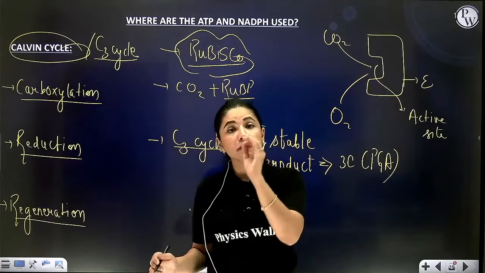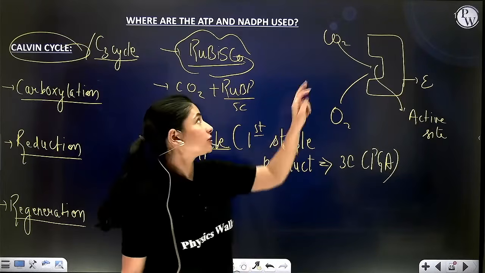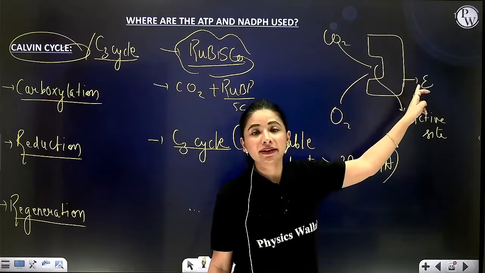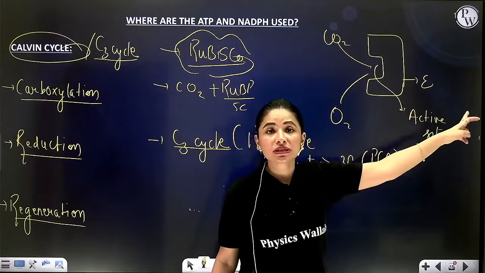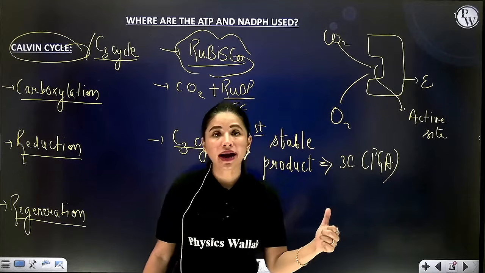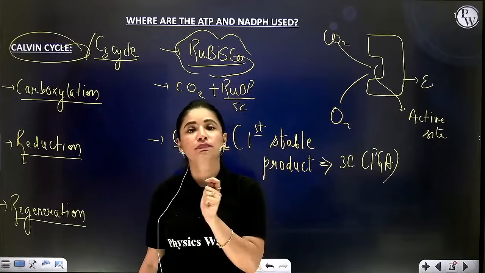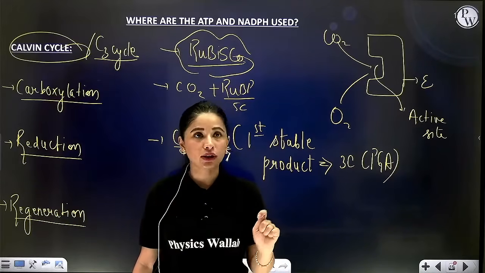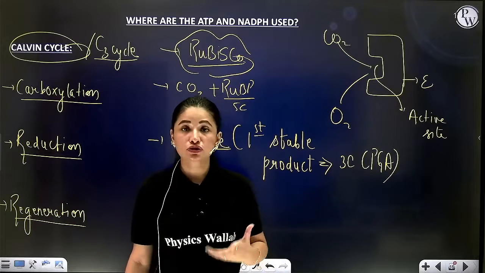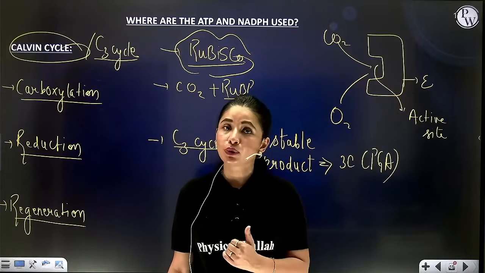But what do plants require? Plants specifically require that CO2 should bind with the enzyme to proceed with the further reaction. Plants' requirement is for glucose production, so CO2 should bind with the enzyme, not O2. But it is not in the hands of the plant. It is all in the hands of the concentration of both O2 and CO2.